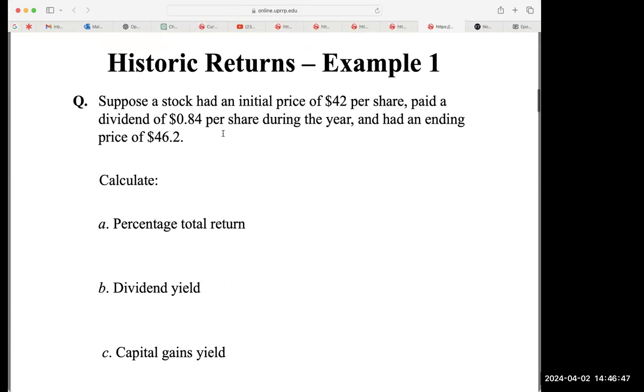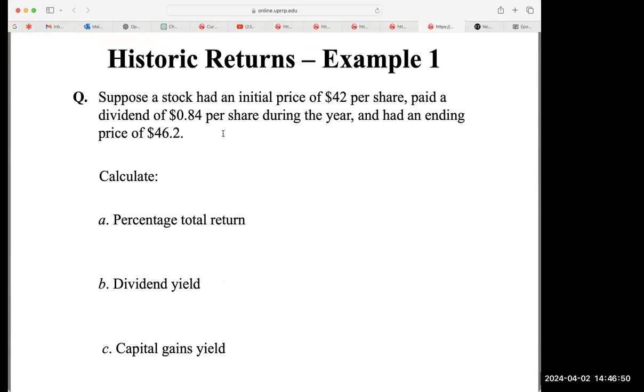So here's an example before we go. Using this information, calculate the dividend yield, capital gains yield, and the total percentage return for stockholders in this stock. I need to put the formulas down.